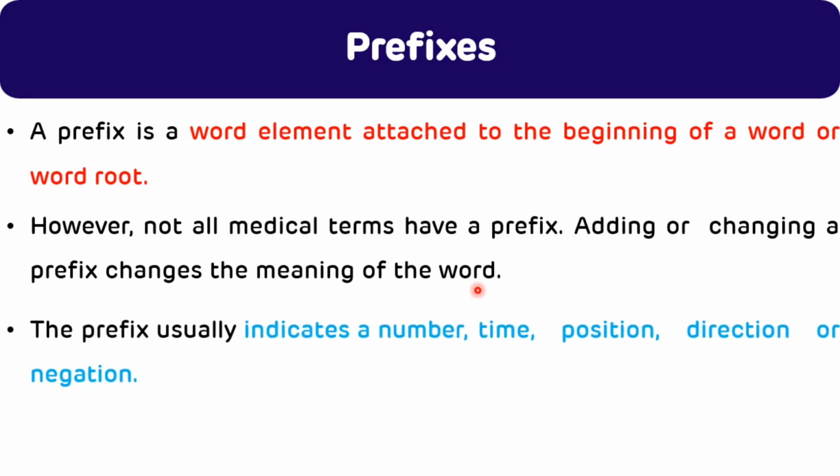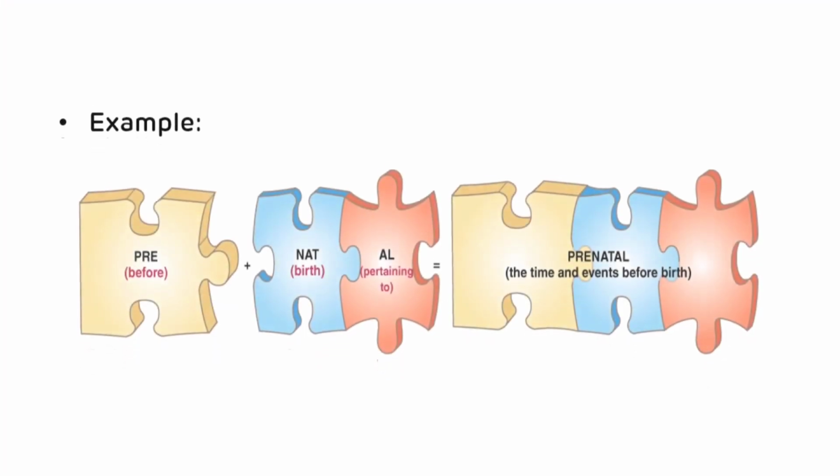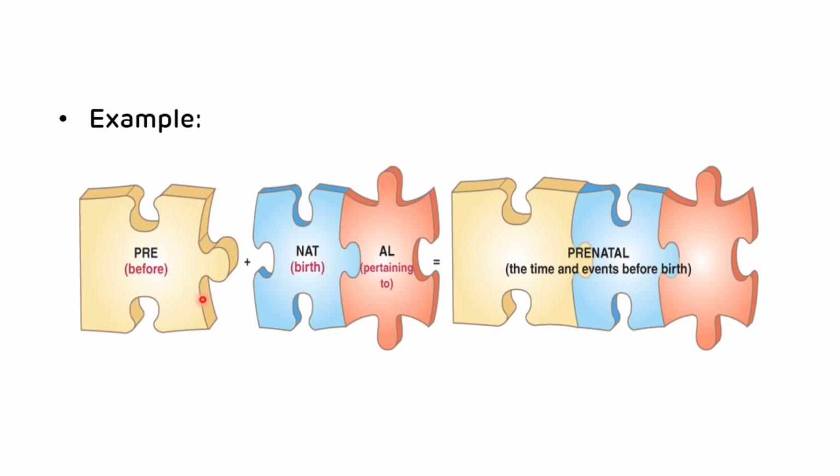The prefix usually indicates number, time, position, direction or negation, and is usually attached to the beginning of a word or word root. For example, pre- is the prefix and the word root is natal. So the terminology derived from it is prenatal, that means time and events before birth.